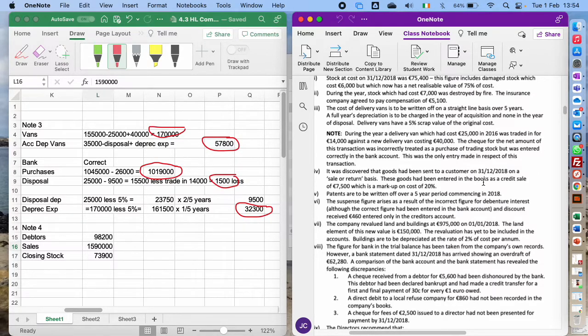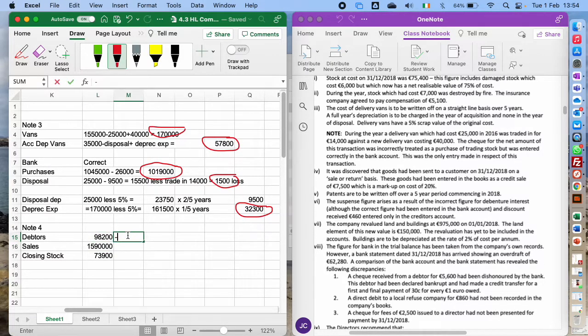Now the goods entered in the books, the credit sale 7.5. So that means I'm going to take away 7.5. So my real debtors figure is those two. Okay. My sales, I'm going to take 7.5 away from sales. And my closing stock then, now the closing stock is not what the goods were sold for, it's what the goods originally were worth, what they originally cost. Okay. So that means that 7.5 is a markup on cost of 20%. So that means the cost is 100%, so 7.5 is 120%.